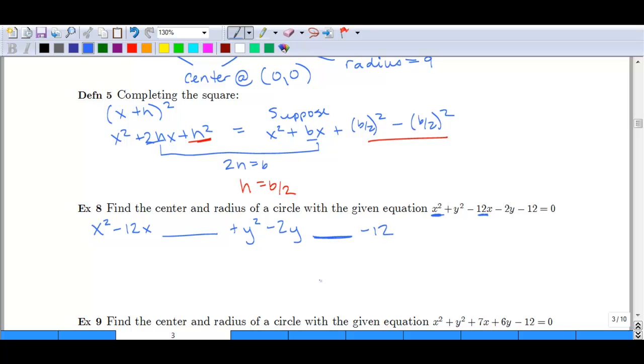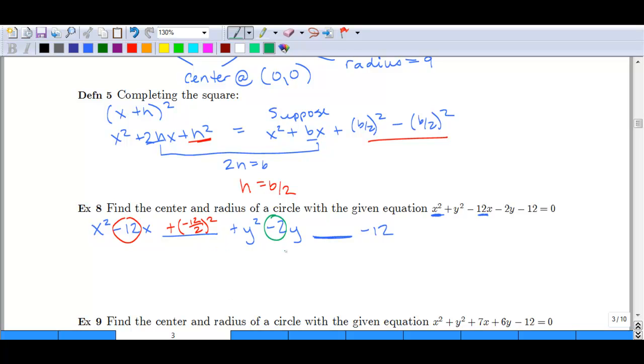What we are going to add and subtract is half of the coefficient on the linear term, so the negative 12x. So this is going to be plus negative 12 over 2 squared.